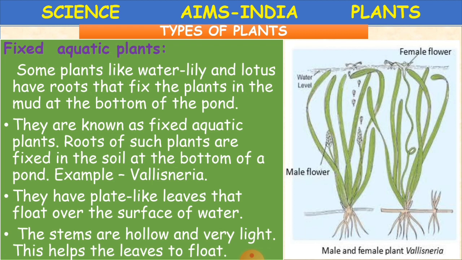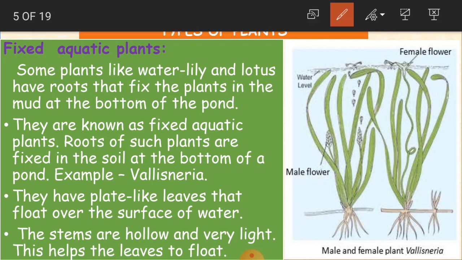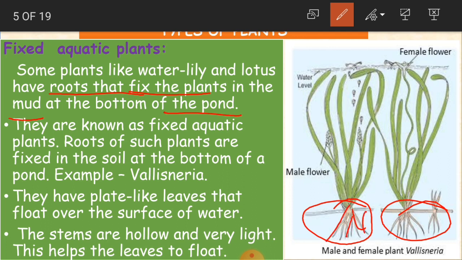Why? Because these plant roots fix the plants in the mud at the bottom of the pond. See, in the picture you can see here clearly. The roots of these plants, what do they do? They fix the plant in the mud.